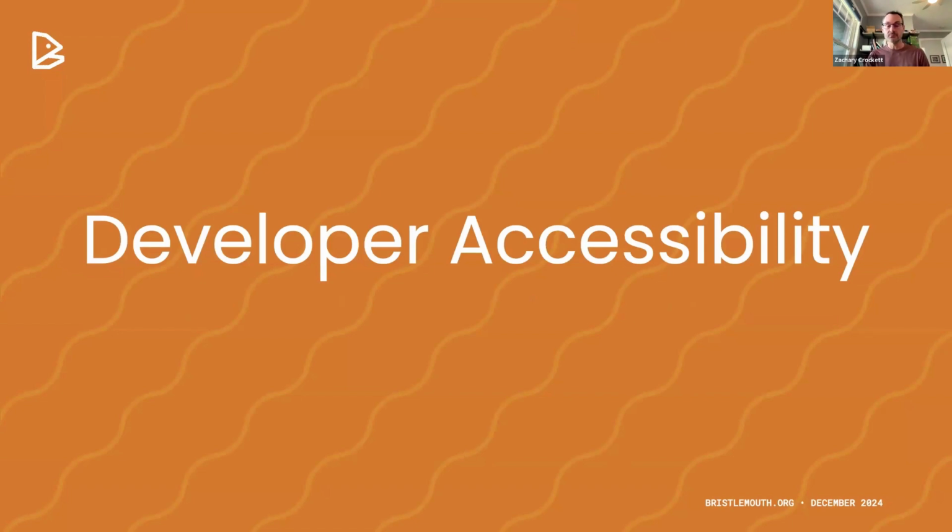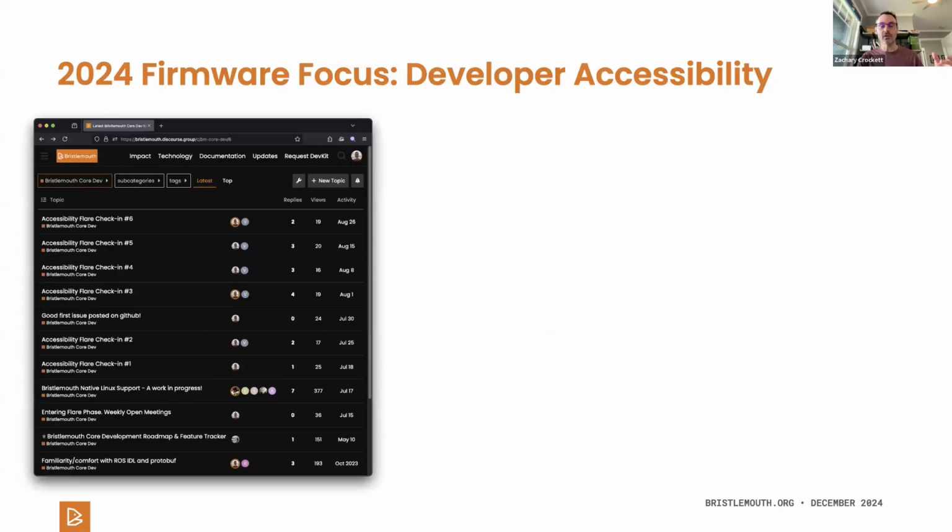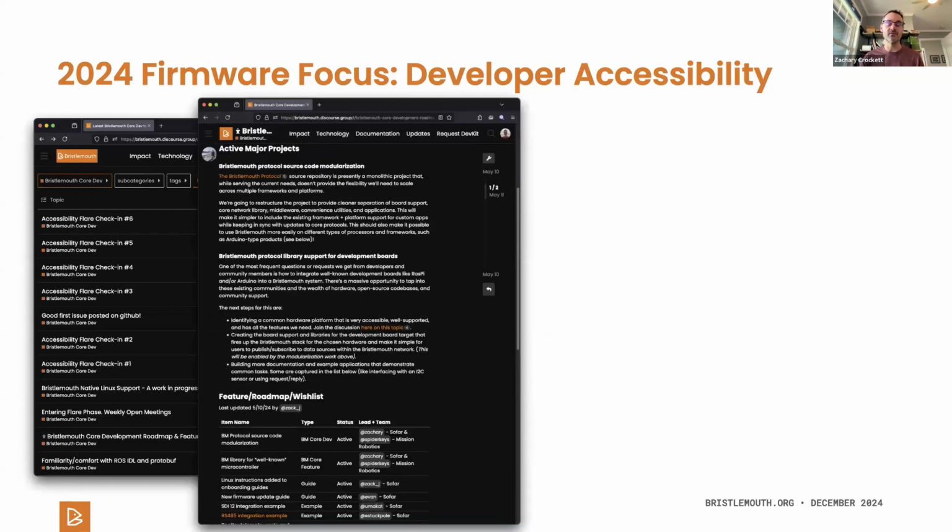Developer accessibility. If you've been paying attention, you've seen many of these things a bunch of times. Over the course of 2024, it may have been obvious if you look at the core development topic in the forum, the arc of the year is pretty clear. We've been focusing a lot on developer accessibility.